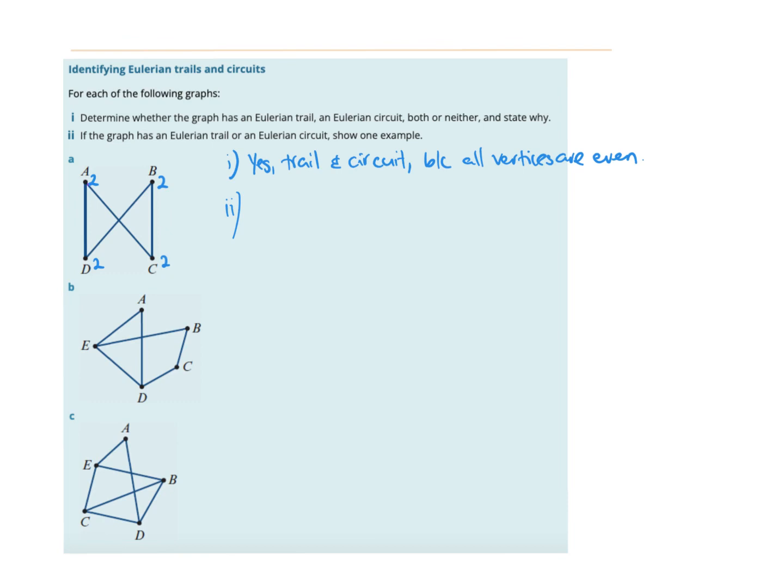So I might go from A to C, C up to B, B to D, and back to A. I have not gone over an edge twice, so I'll write that out: A to C to B to D and back to A. So there's an example of a circuit or a trail.